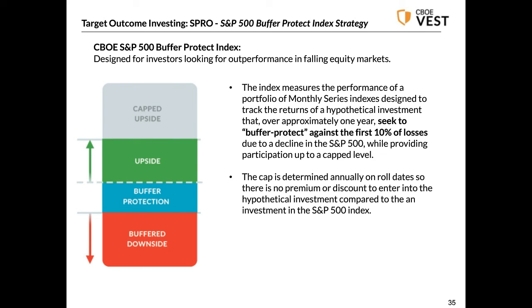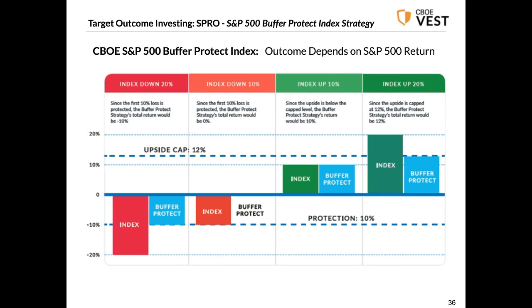So I can show you a little bit better what the return profile looks like by a chart like this, where we look at what would be the return if the index is up or down 10%, or up or down 20%. So what you see here, since this is a buffer protect for a 0 to 10% range, if the index was down 10%, you would have the full protection come into play.